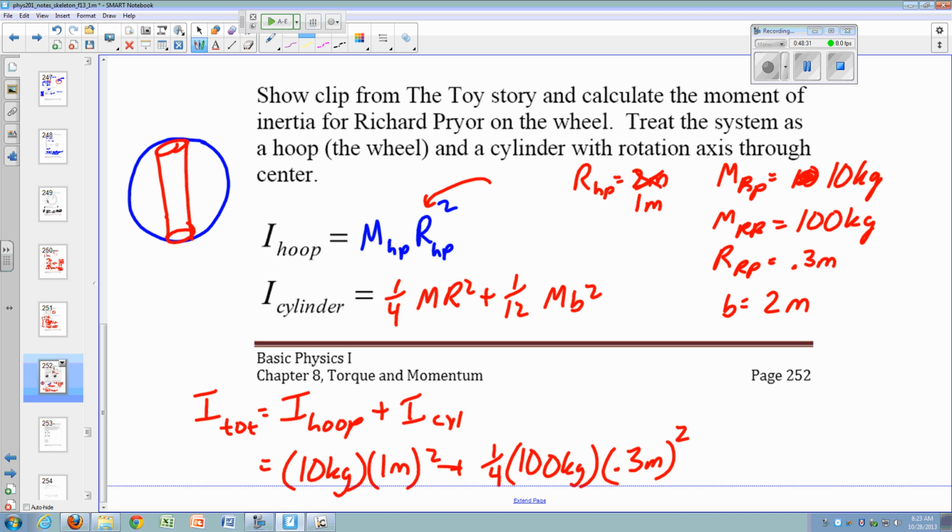That's the distance from here out to his shoulder, his half width, or his radius, plus a 12th mb squared, which is going to be 100 kilograms times 2 squared.